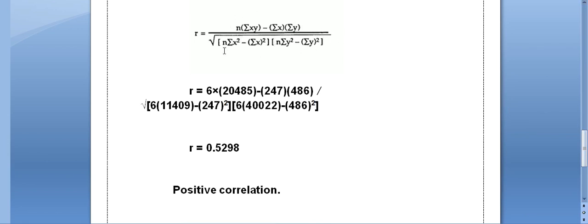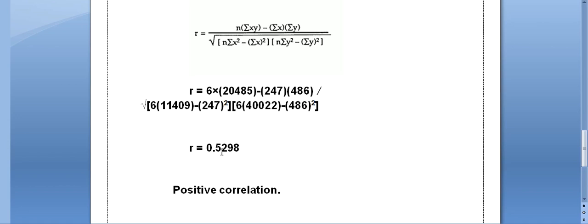This is the formula to calculate. The values that we got above I have put into the formula and we get the correlation coefficient as 0.5298.